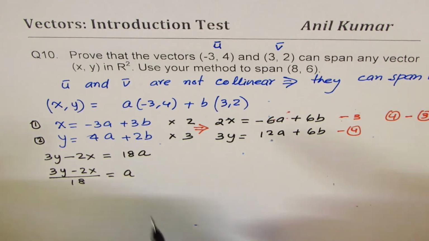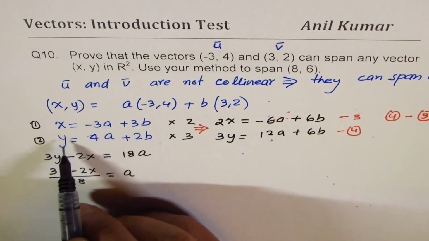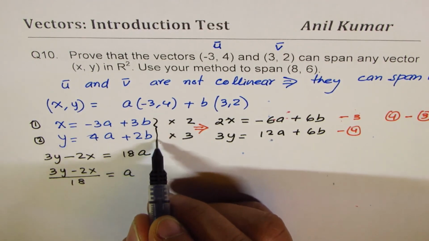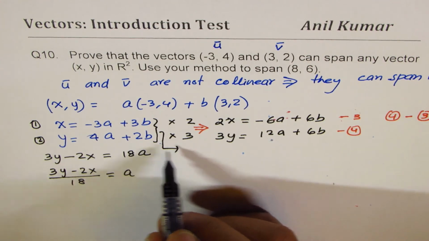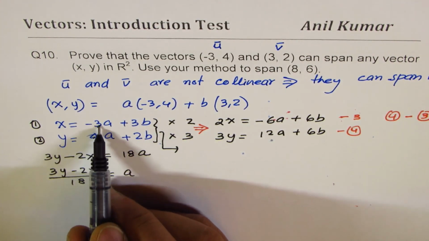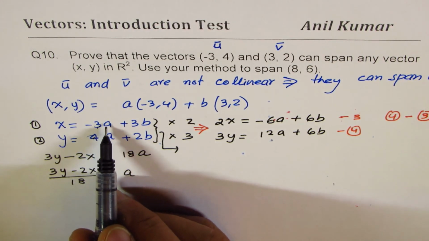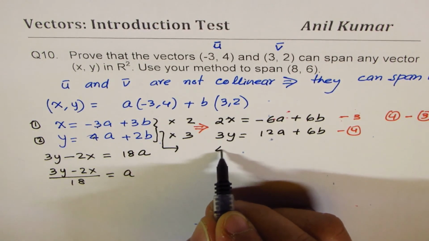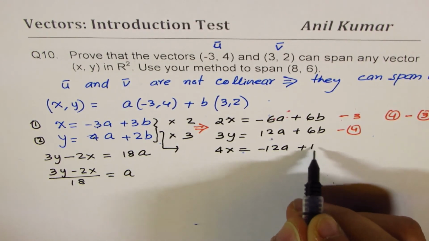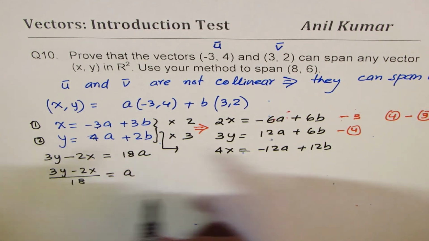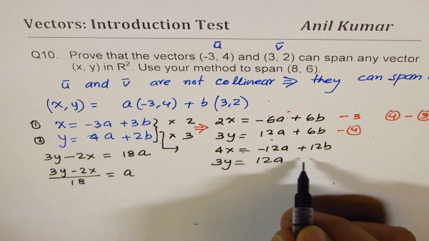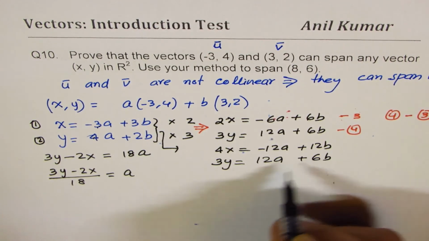This time we'll multiply equation 1 by 4 and equation 2 by 3, to eliminate a's. So 4 times equation 1, I get 4x equals -12a plus 12b. And if I multiply equation 2 by 3, I get 3y equals 12a plus 3 times 2, 6b.